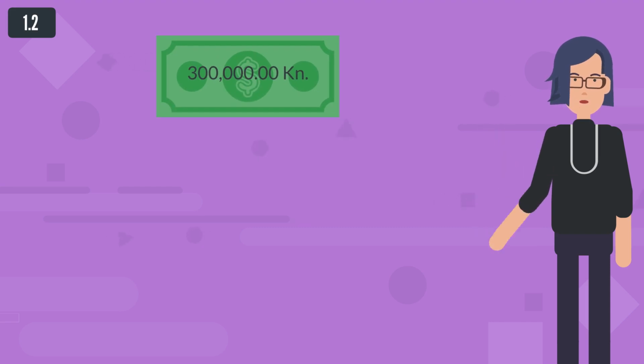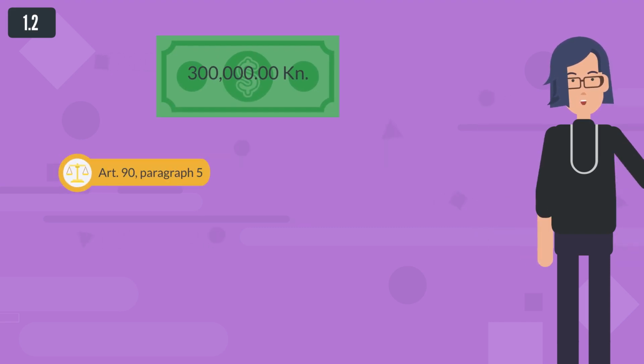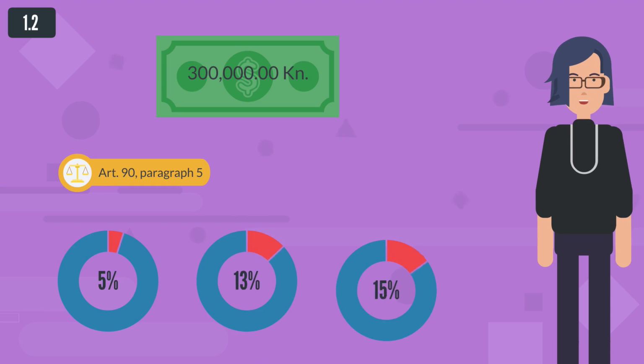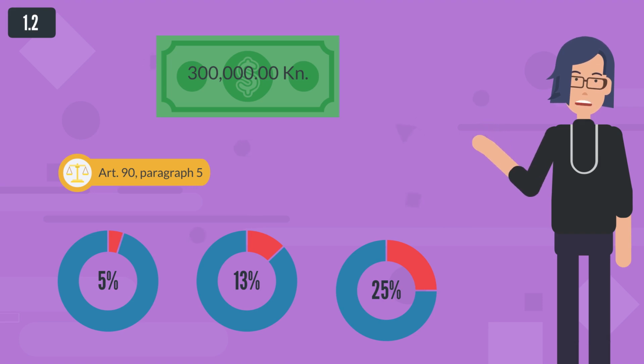In accordance with Article 90, Paragraph 5 of the Law on Value-Added Tax, to enter the VAT system and to determine imported goods, 5, 13 and 25% of the taxable turnover is deducted from VAT, whereas the value of deliveries are exempted from VAT.